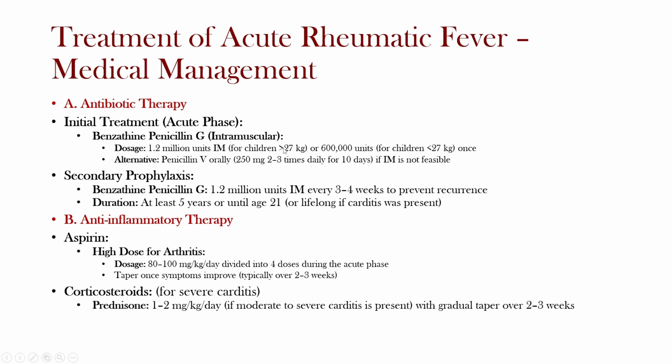If the child weighs more than 27 kilograms, we will give 1.2 million units, and if less, 600,000 units intramuscularly. The alternative is penicillin V orally, 250 milligrams, 2 to 3 times a day for 10 days.